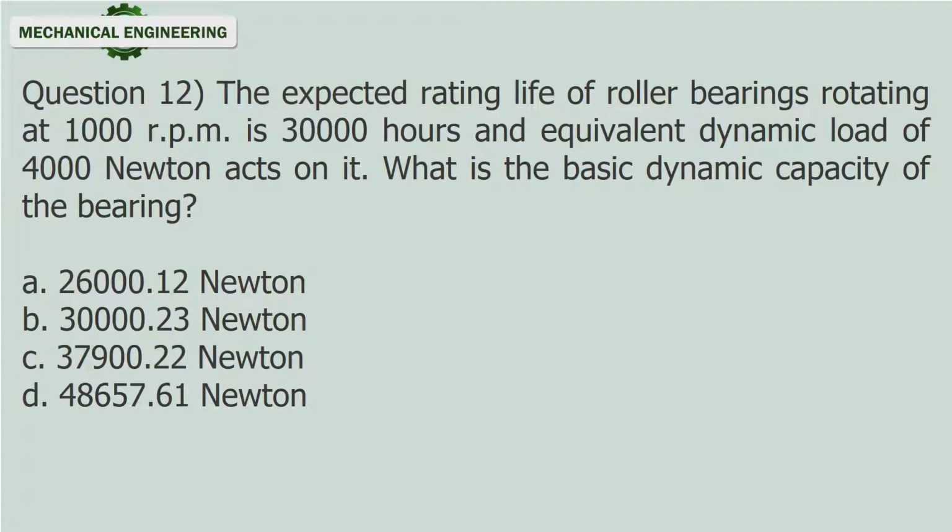Question 12. The expected rating life of roller bearings rotating at 1000 rpm is 30,000 hours and equivalent dynamic load of 4000 N acts on it. What is the basic dynamic capacity of the bearing?